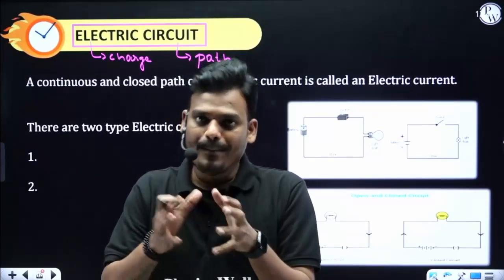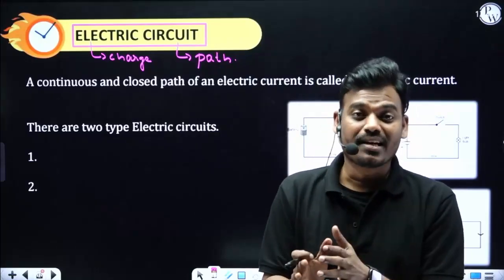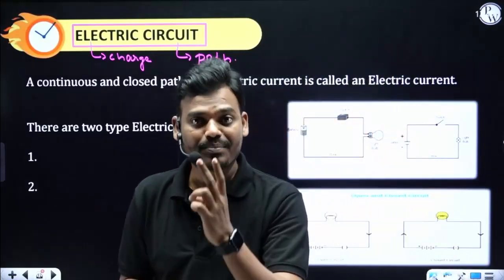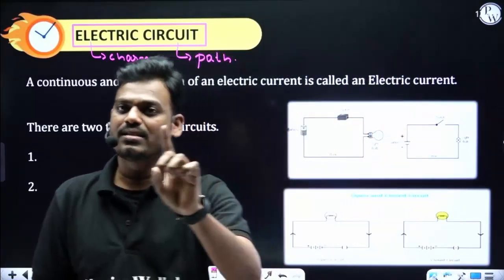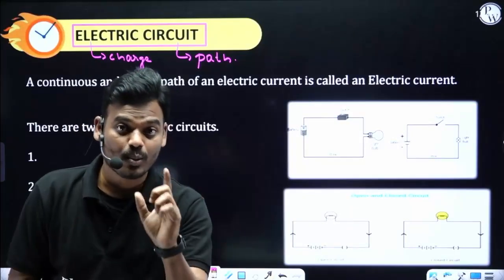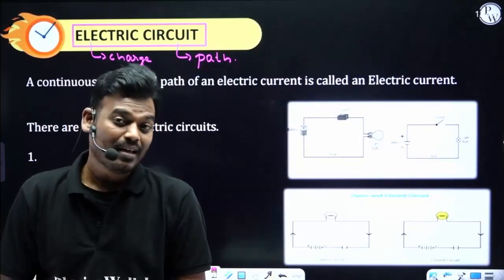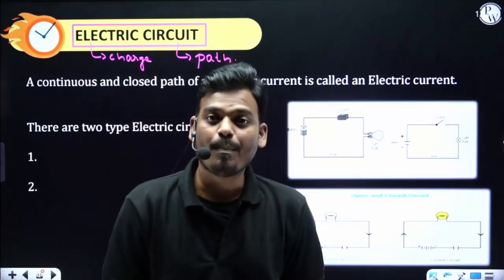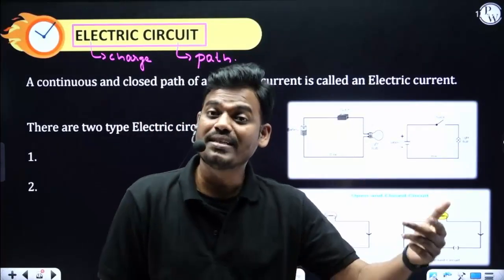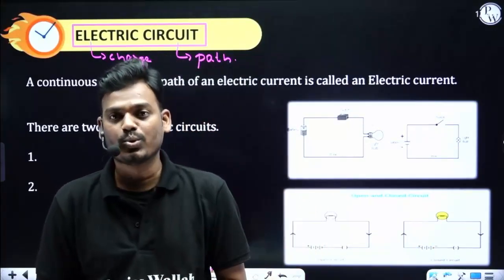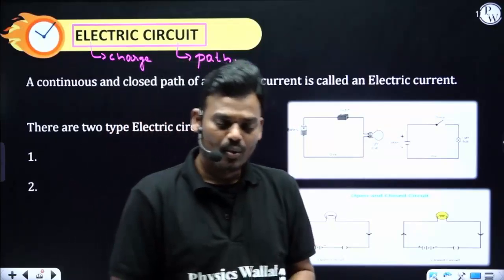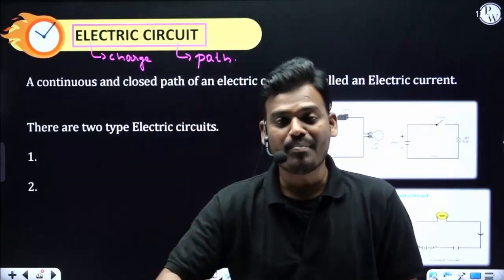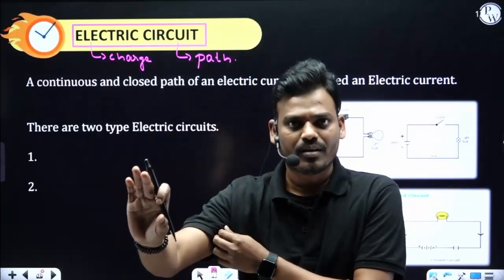Based on this, we have two types of circuit. One is the open circuit, another one is the closed circuit. You may have a doubt: sir, when do we say the circuit is open, and when do we say the circuit is closed? Simple. When a circuit is open, that means the switch is off.